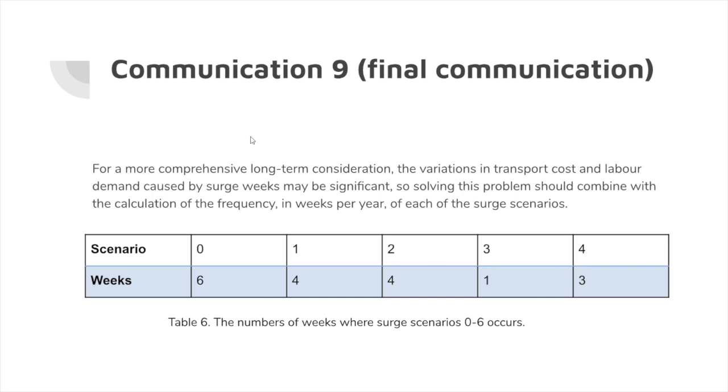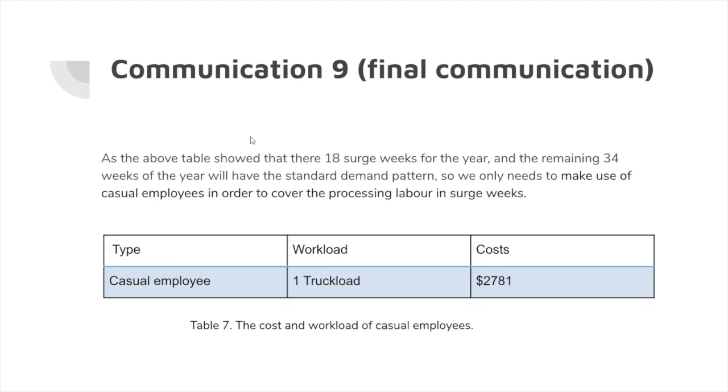Scenario 1 would appear for 4 weeks, etc. During the 18 surge weeks, casual workers will be hired to fulfill the labor demand. Each casual employee costs $2,781 per week and can transfer one trunkload of goods.